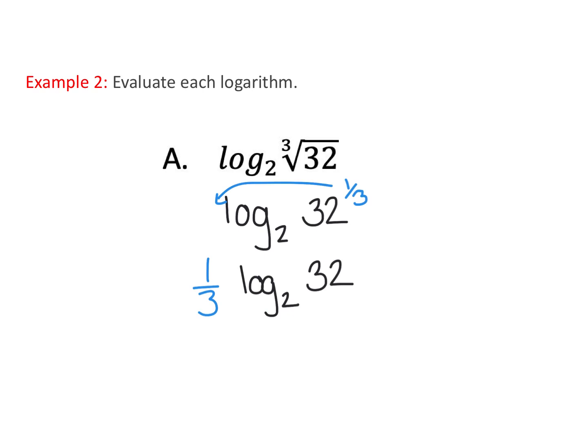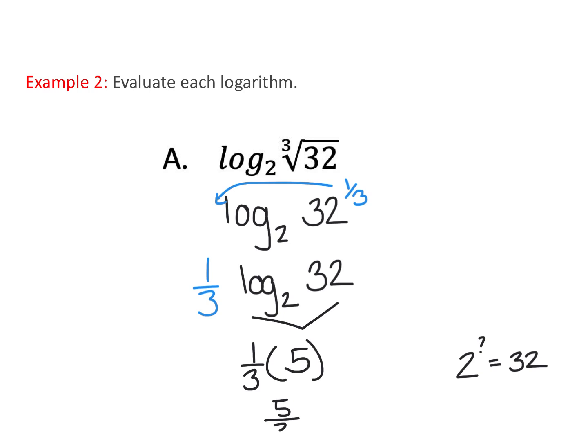And now I know log base 2 of 32. If you think about this, remember, what are we doing? We're thinking 2 to what power is equal to 32? Well, I just several times in this video alone saw that it was 2 to the 5th power, so I can replace this part with 5. And now I have 1/3 times 5, and what's that? That's just 5/3.